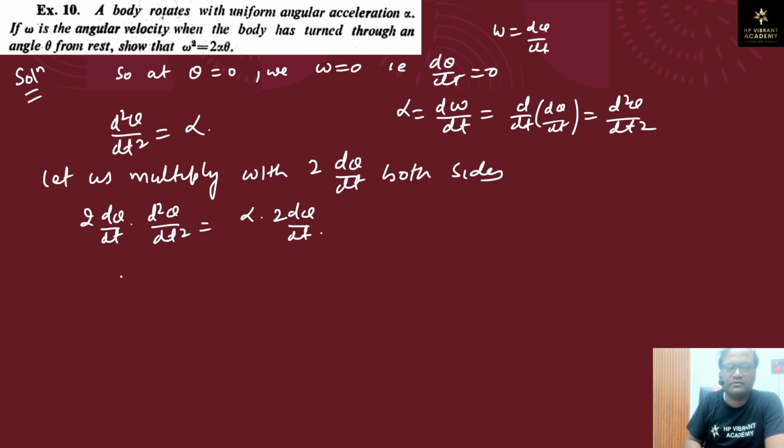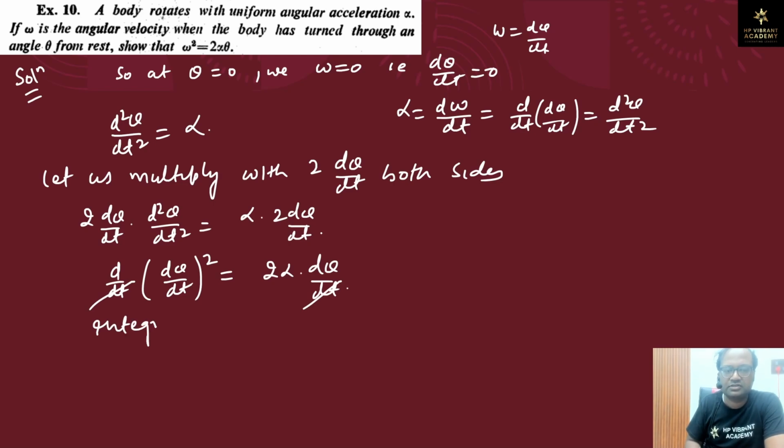This we can write as d of dt of (d theta upon dt) whole square is equal to 2 alpha into d theta upon dt. So the dt gets cancelled. Let us integrate both sides with respect to t.